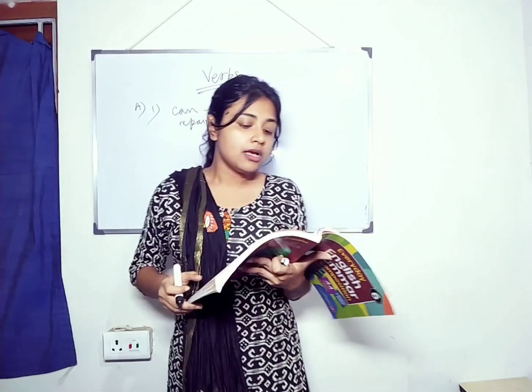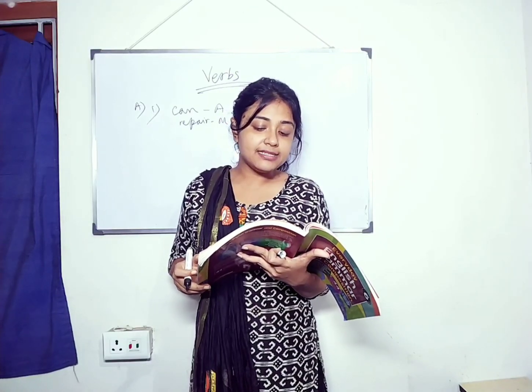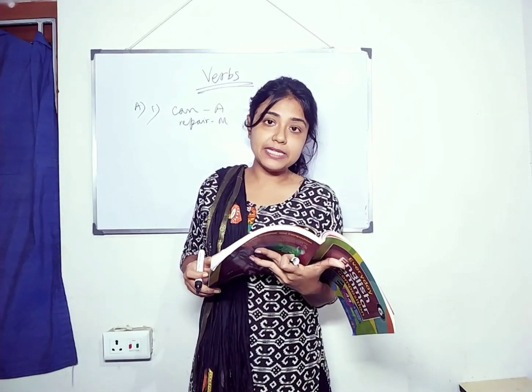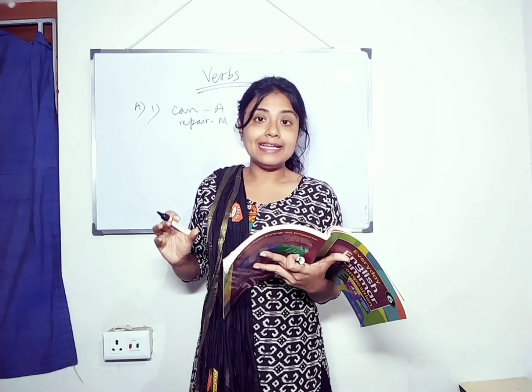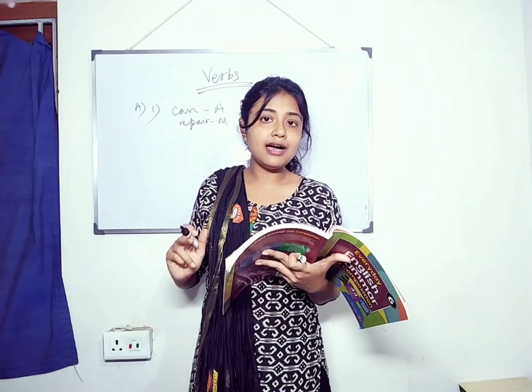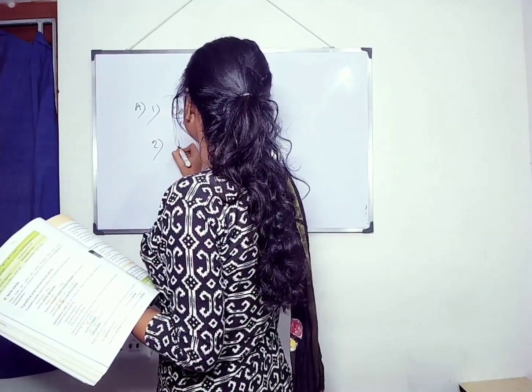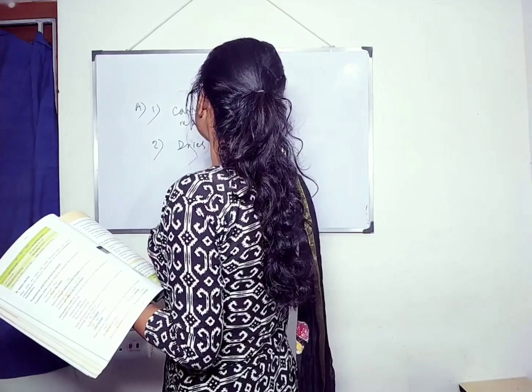Then the second one, the peasant dries the green chilies in the sun. What does the peasant do? They dry. So only one verb is here and that is the main verb. So dries is here what? Main verb.